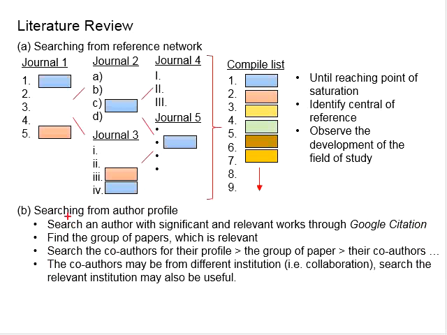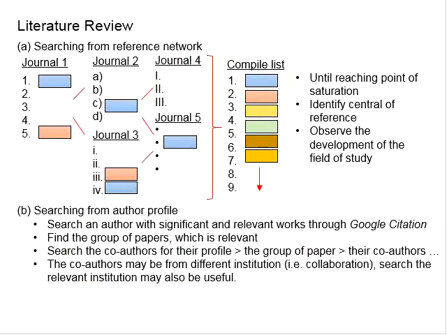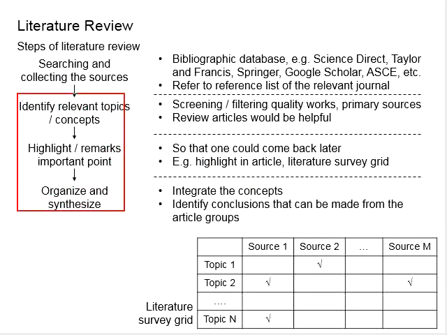You can combine the list of publications into the compiled list based on the reference network, as your ultimate goal here is to find as many relevant papers as possible. And then when you reach the point of saturation, you may stop the search and proceed to the following step of the literature review.